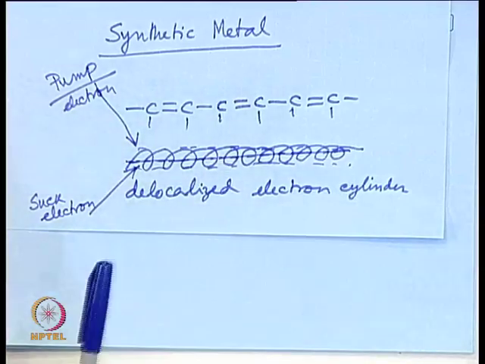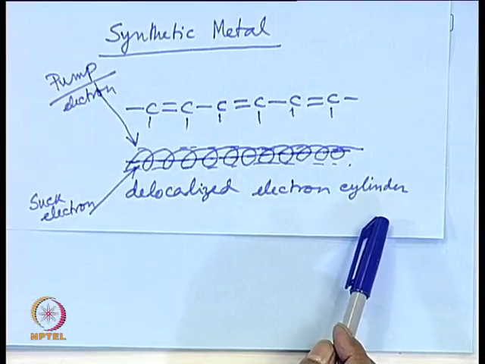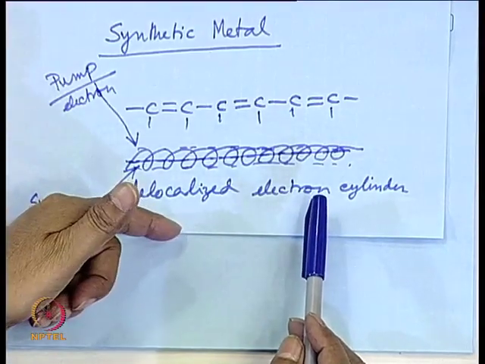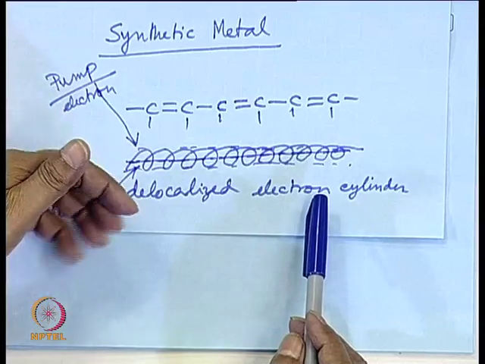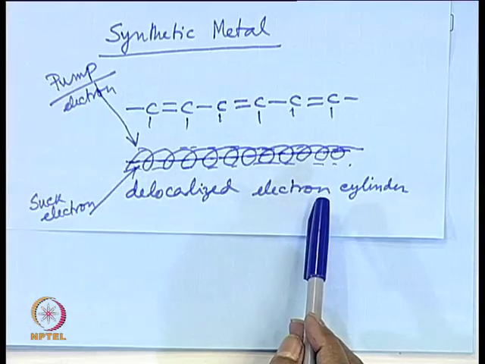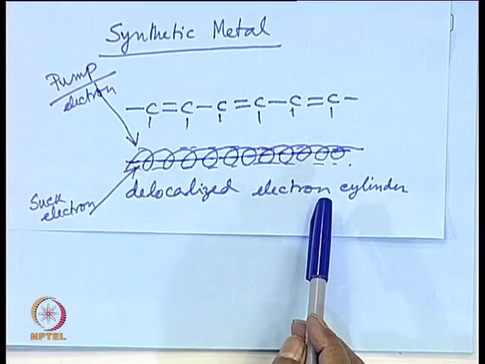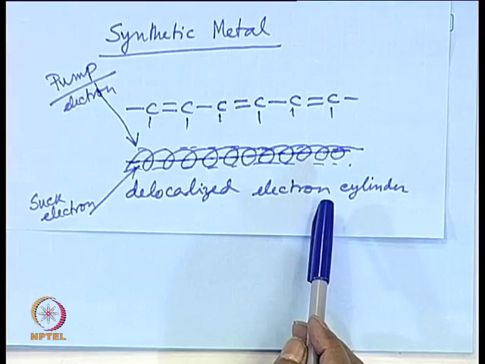In both the cases, it will become conducting, either pumping in or sucking out. That means, by donating electron, donor effect, or by accepting electron, acceptor effect. These are nothing but doping, dopants does this function, donor, acceptor.